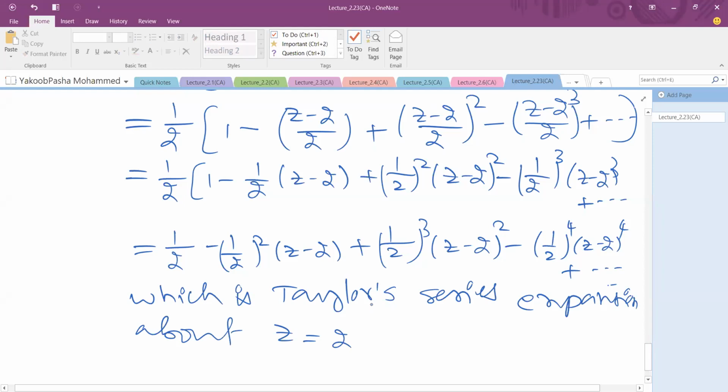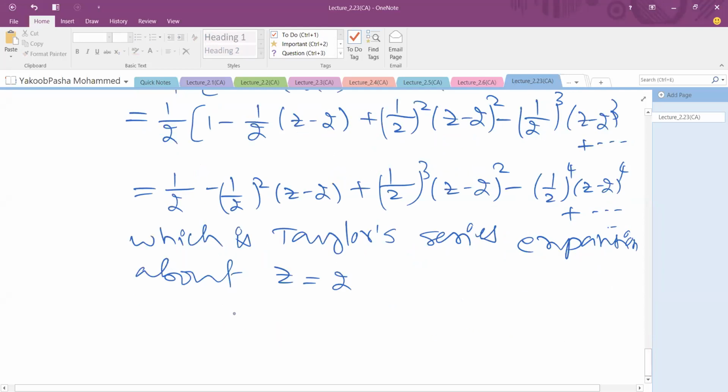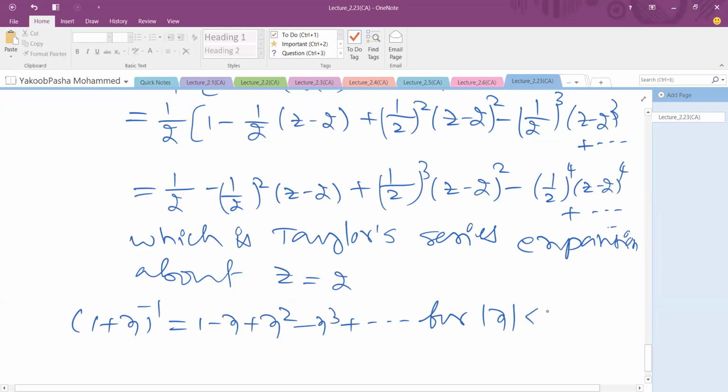Actually, the expansion of 1 plus x whole to the power of minus 1 is 1 minus x plus x square minus x cube plus and so on, for modulus of x less than 1, this is the condition.